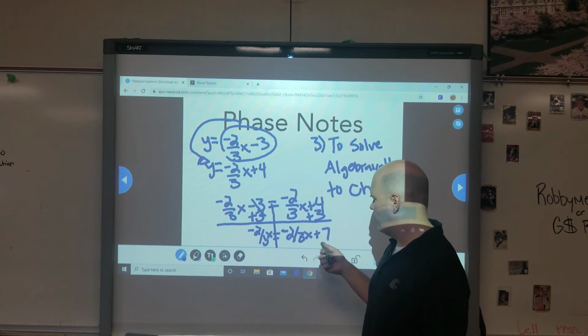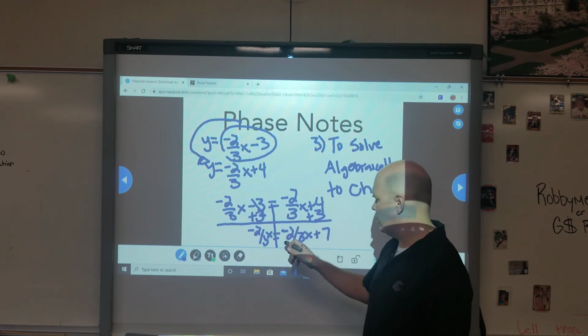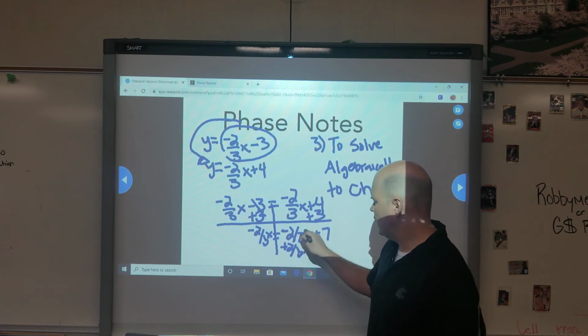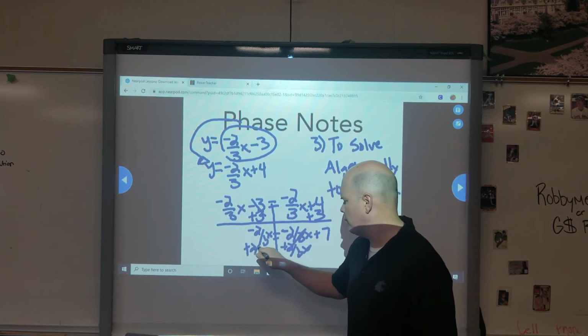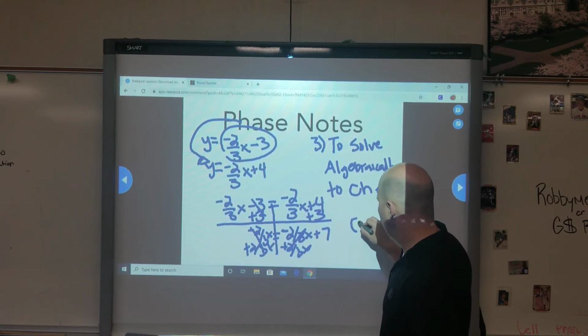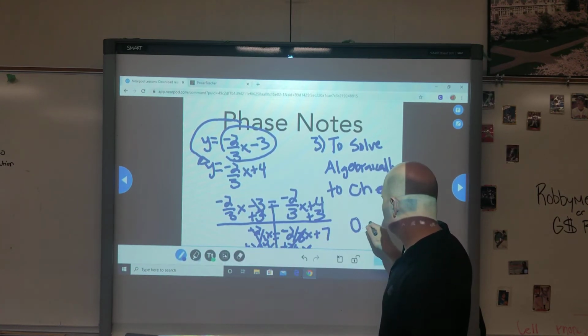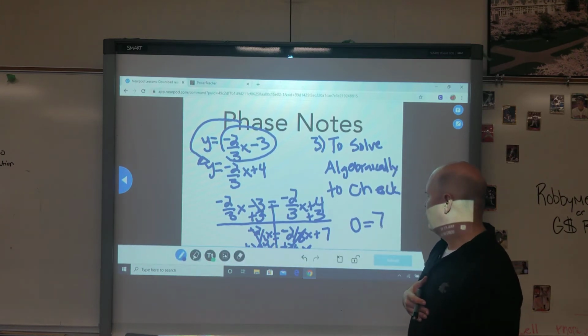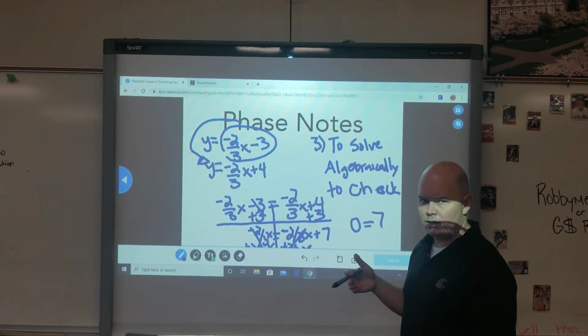Now, to get all my numbers on one side and all these guys on the other, I'm going to move this x over by adding its opposite, and they both cancel out, which leaves me on this side of the equation 0 equals 7.